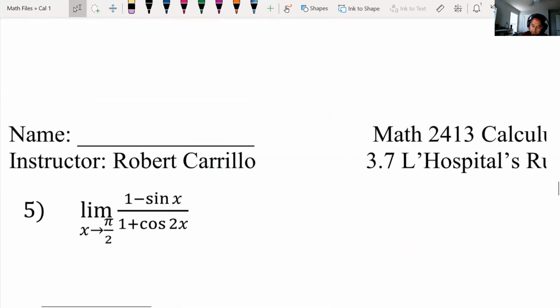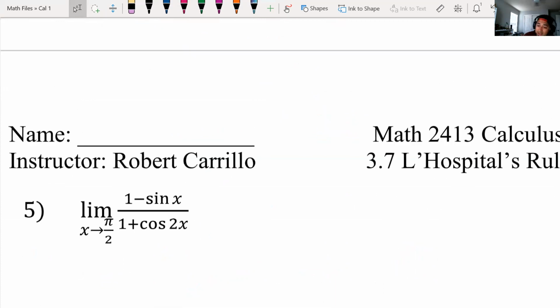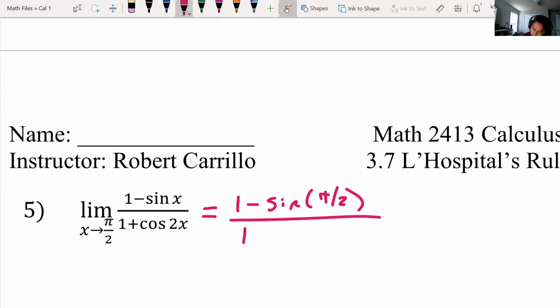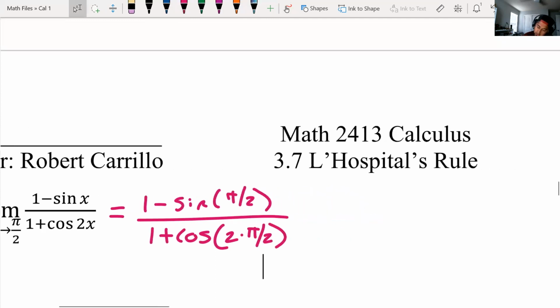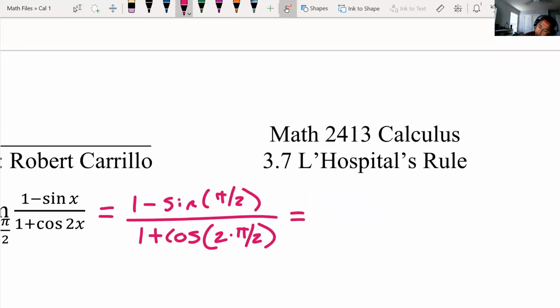5. Limit as x approaches pi over 2 of 1 minus sine x over 1 plus cosine 2x. Of course, plug it in first. 1 minus the sine of pi over 2 over 1 plus cosine of 2 times pi over 2. And we know that sine at pi over 2 is 1.